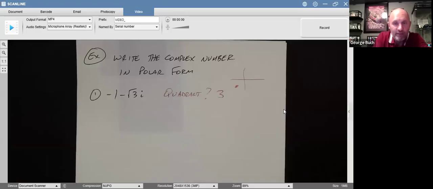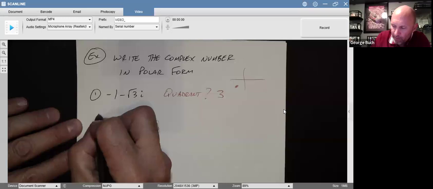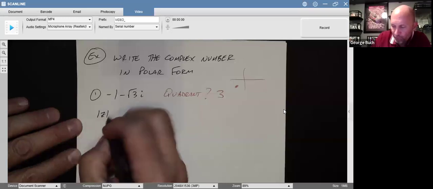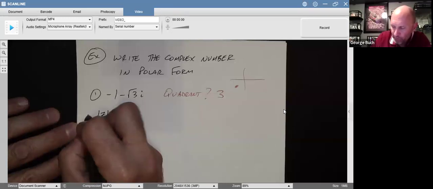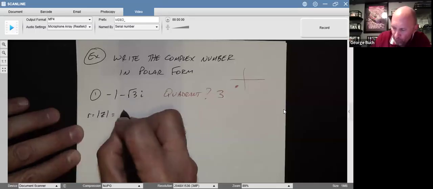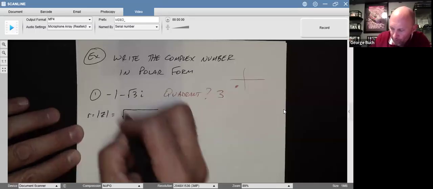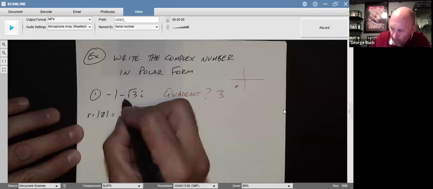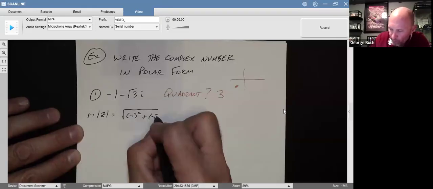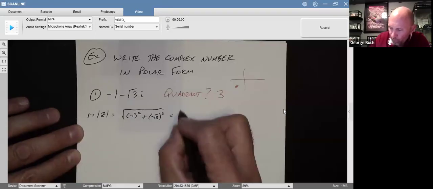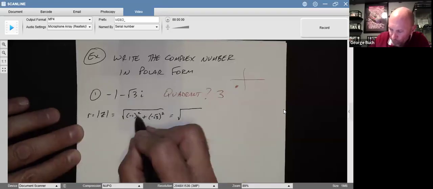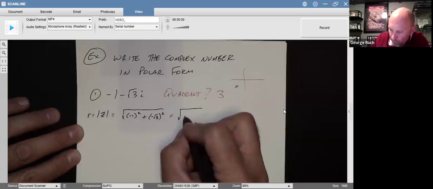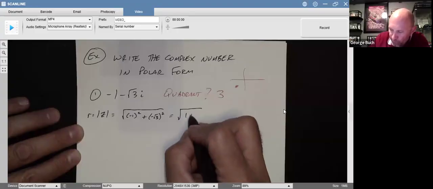So when I calculate these, my theta better be in quadrant 3, or it's wrong right off the bat. The first thing, I need my modulus, my R. It is the square root of -1 squared plus negative square root of 3 squared, which is the square root of 1 plus negative root 3 squared.